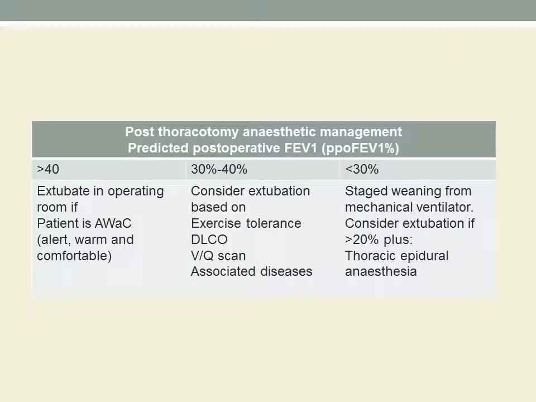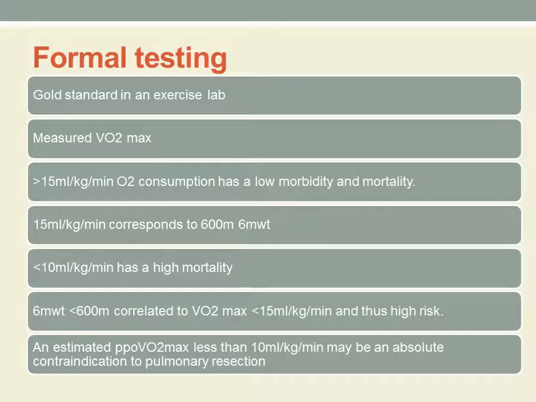In the post-thoracotomy anesthetic assessment, if predicted postoperative FEV1 is more than 40, the patient can be extubated in the operating room, and at 30 to 40, consider extubation based on exercise tolerance. TLCO, VQ scan, associated disease, and less than 30%: stage weaning from the mechanical ventilator; consider extubation in more than 20% plus thoracic epidural anesthesia.